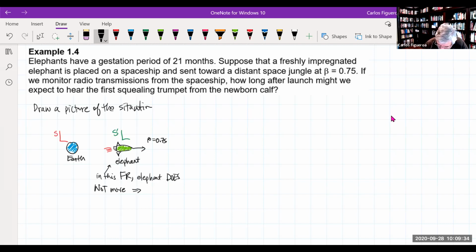Well, for starters here, there has to be some type of time, the gestation period, that it's not going to move for 21 months here. And then what we know here is that a radio transmission occurs. And because it's a radio, we know that its speed is c. And that speed of the radio transmission, there is no dilation.